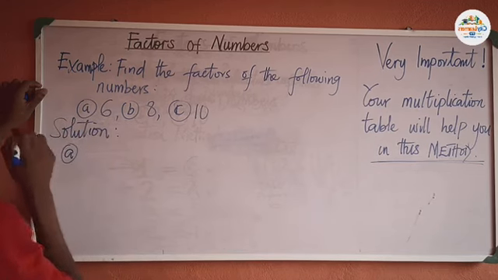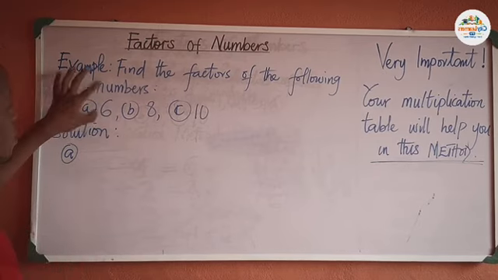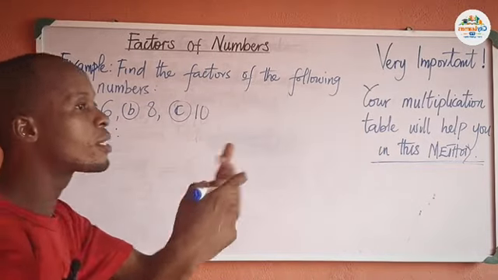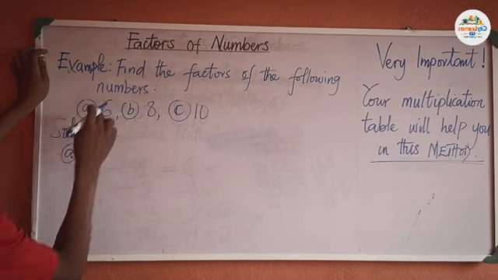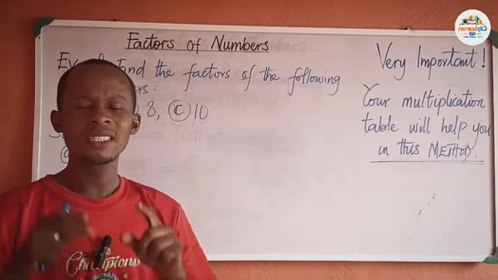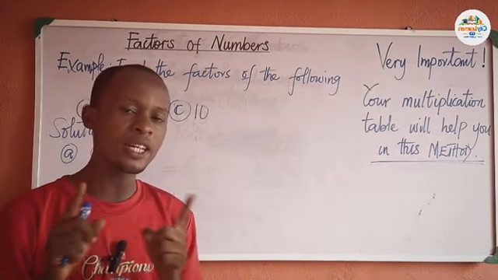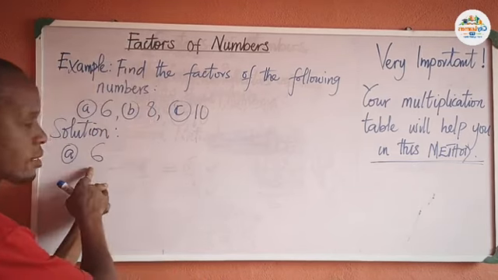A. We want to find the factors, numbers that can divide 6 without a remainder, using the multiplication method. What am I going to do looking for the factors of 6? It's simple. What are two numbers that I can multiply together and the result will be 6?